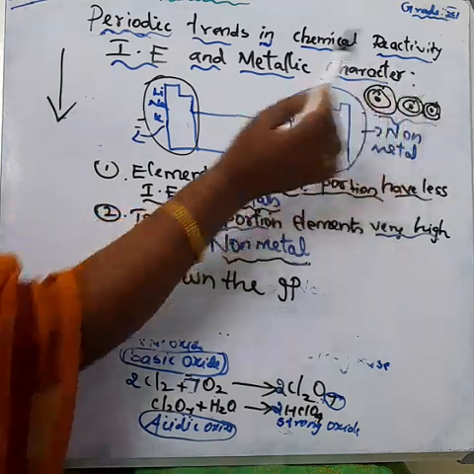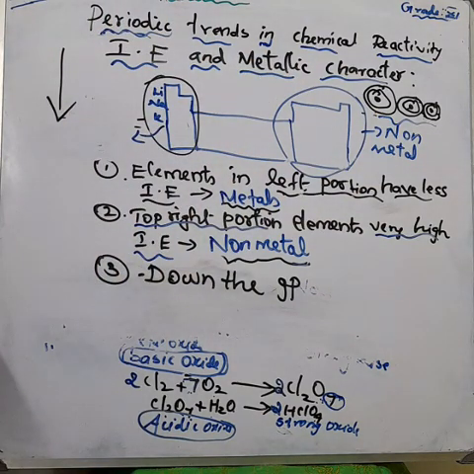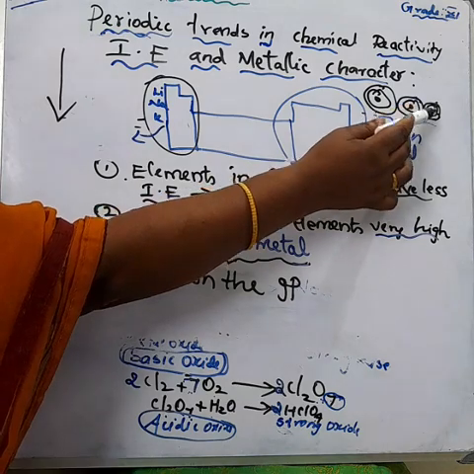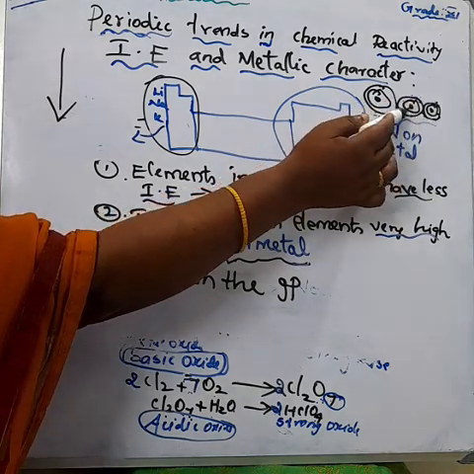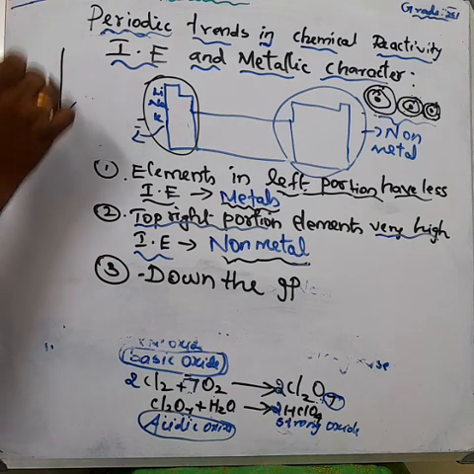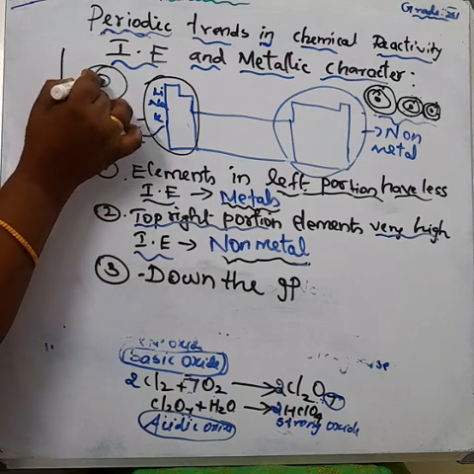Okay, atomic number increases, but atomic size decreases, because the new electrons are added to the same shell. The number of shells is not increased along the periods. When moving down the group, atomic size increases because the number of shells increases.